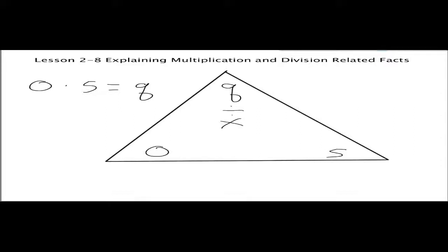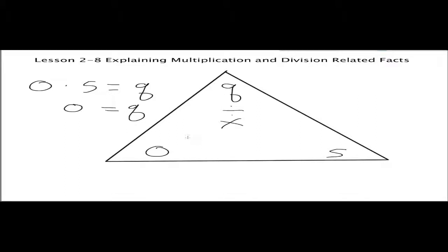Now in this case, I have a little bit more information in that I know that 0 times 5 is 0, and 0 now equals q, and I have enough information to conclude that indeed q equals 0.